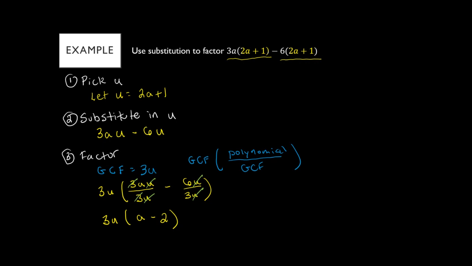Where I see u, I'm going to replace it with 2a plus 1. So first I'm going to rewrite what we had here. And we said u was 2a plus 1. So step 4 is to reverse the substitution.